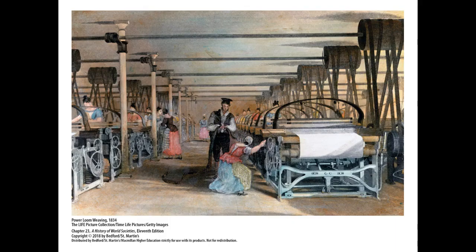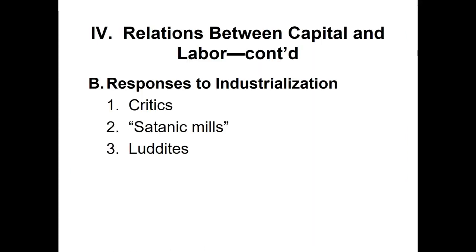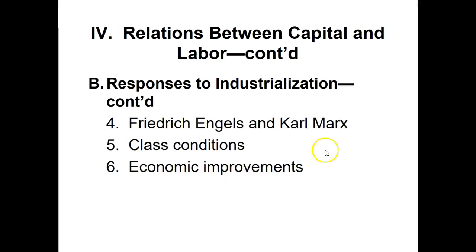You'll see the development of factory owners, and then you'll see some of the people that are angry about the transition to industrialization. The most important ones to take note of in your reading are Friedrich Engels and Karl Marx, whom we will later talk about as the pioneers of communism.